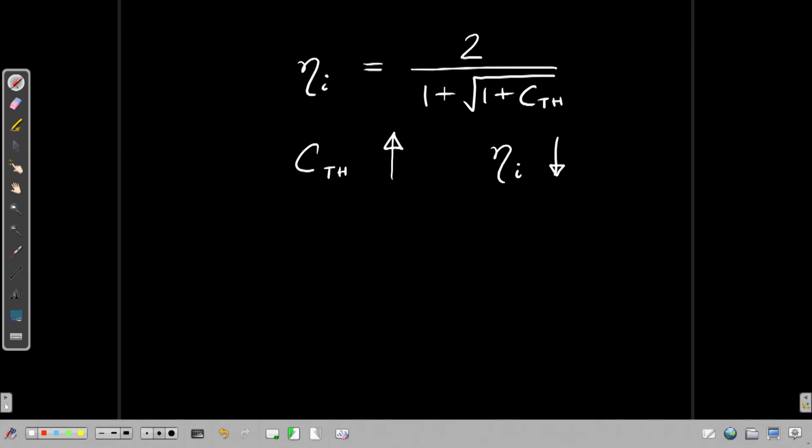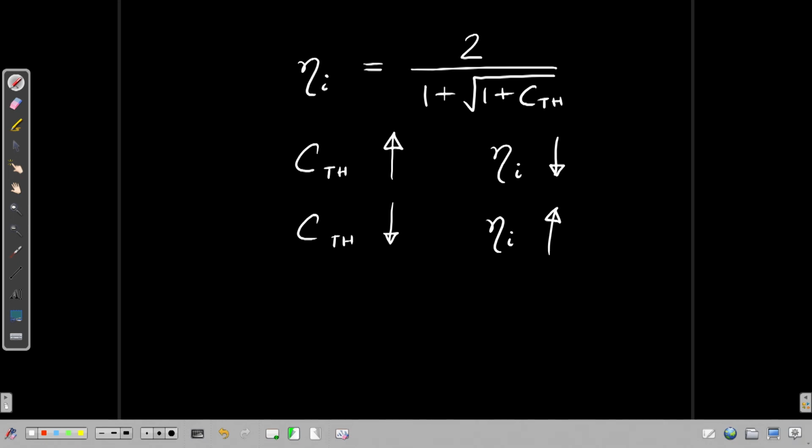That means, when the disk is not producing thrust at all, that condition only will lead to an efficiency of 1. So, for any practical condition where a finite thrust is being generated, there is a value of efficiency which will be less than 1. So, if this thrust loading coefficient increases, the ideal efficiency will decrease. On the other hand, if CTH decreases, the ideal efficiency can be increased.